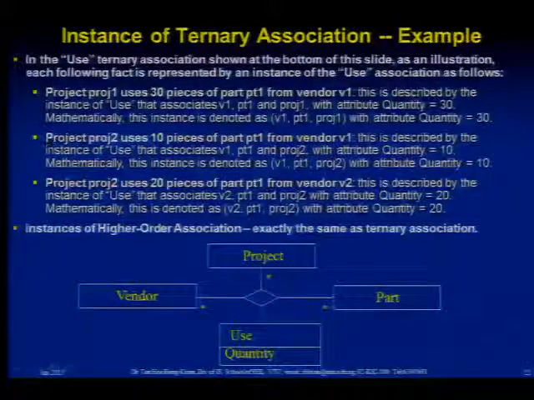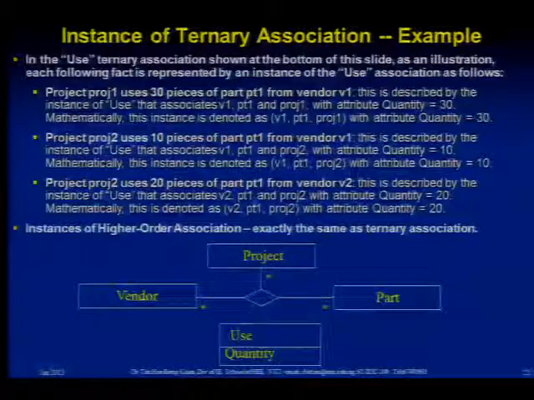And we have a second interaction here. Project 2 uses 10 pieces of part 1 from vendor 1 also. That means project 2 is a different project that also uses part 1 from the same vendor. So the second interaction is also an instance of this association, another individual, independent, separate instance.